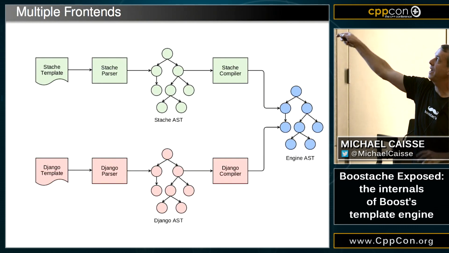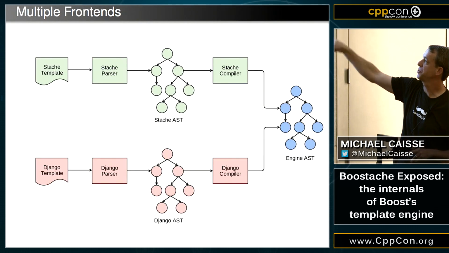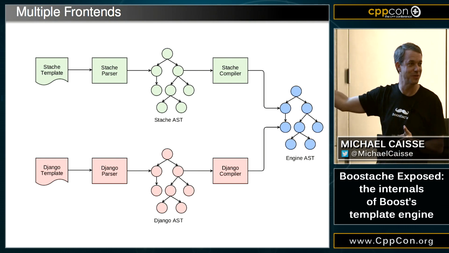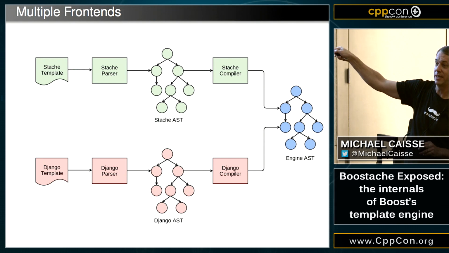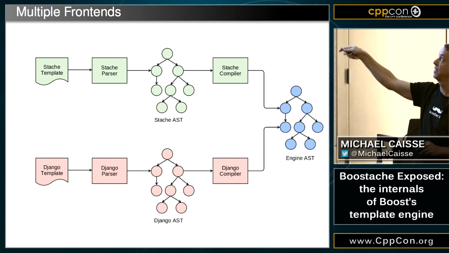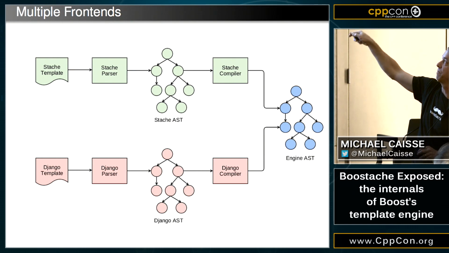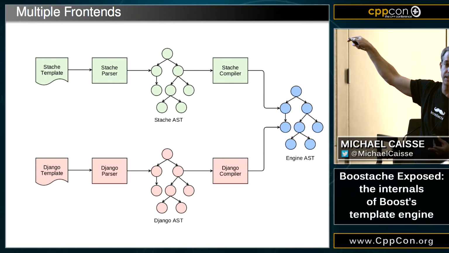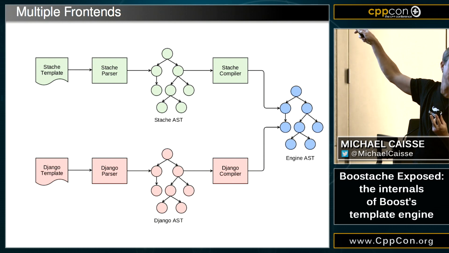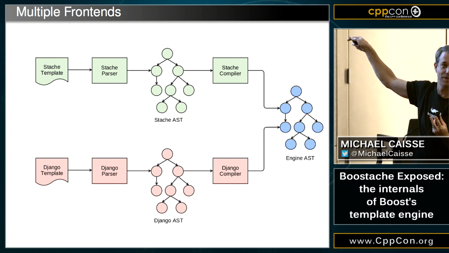All right, so if we have multiple front ends, we have Stash parser, we have a Django parser. We don't have any others at the moment. But adding new parsers is simply writing that declarative Spirit grammar that reads it in, and then now you have whatever the natural AST is for reading that in, and then converting it using one of those compilers. And you can see the compilers aren't really that hard to write, right?